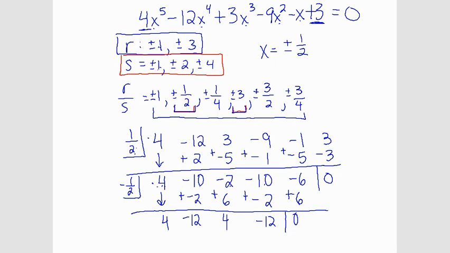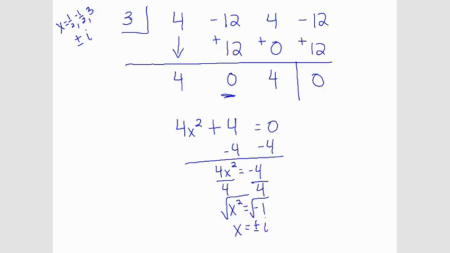Then we create ratios by systematically going through all possible combinations of r and s, and again, plus or minus. Then what I like to do is use synthetic division until I've reduced it to a quadratic, and then either use algebra or quadratic formula to find any remaining solutions if they happen to be complex or irrational.